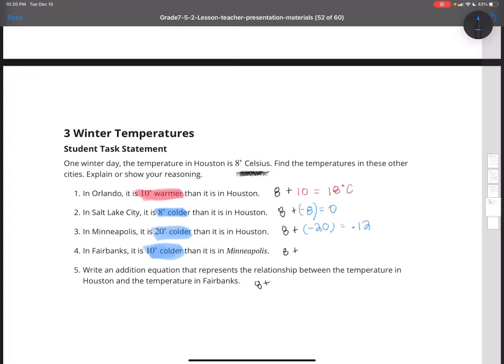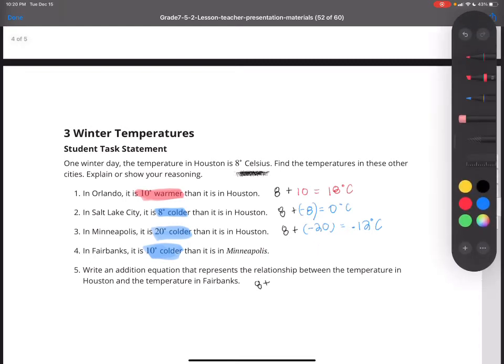So then for question 4, I forgot to put my degrees Celsius. For question 4 in Fairbanks, it's saying that it's 10 degrees colder, which would be adding negative 10. Oh, wait, I need to erase it because I guess I moved too fast. It said 10 degrees colder than it is in Minneapolis.